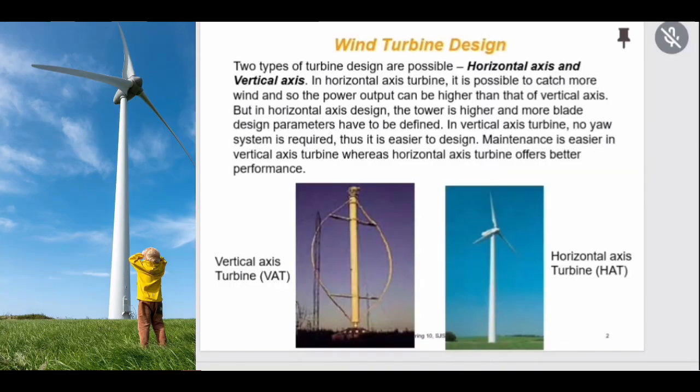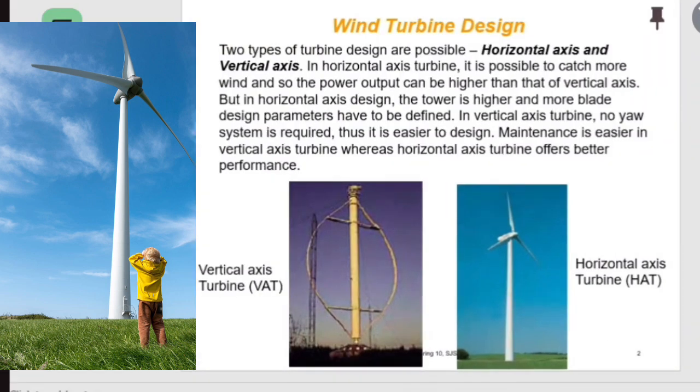Always, you come up with choosing either a vertical or horizontal axis wind turbine, and you should select based on the various advantages or disadvantages of the wind turbine types.